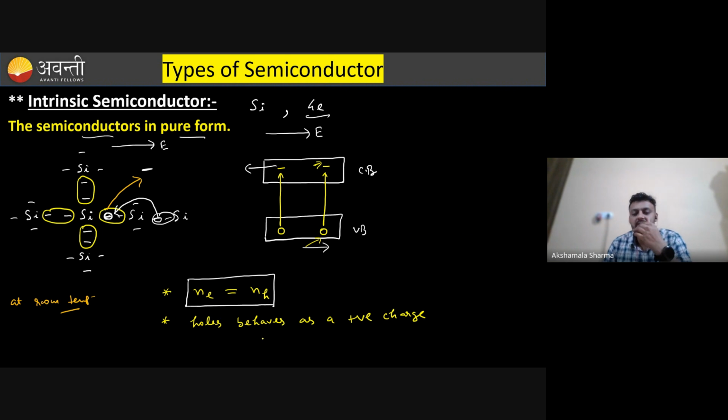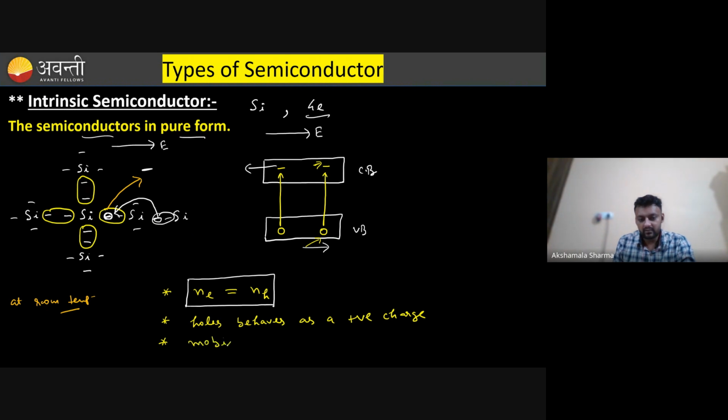You will say, sir, electrons are easier to move because these are the free electrons. The electrons in the conduction band are easier to move as compared to the holes. Why? Because actually holes are not moving, they are moving by the broken bonds. So you need more time and more energy to break the bond.